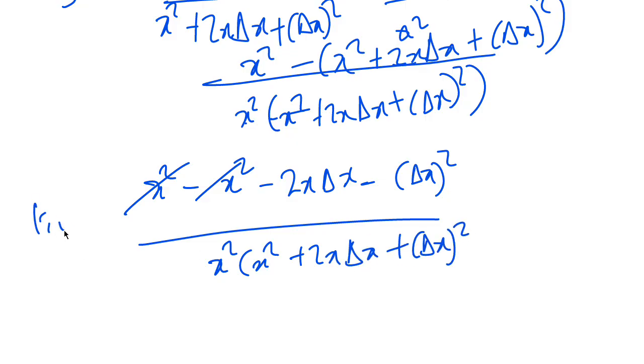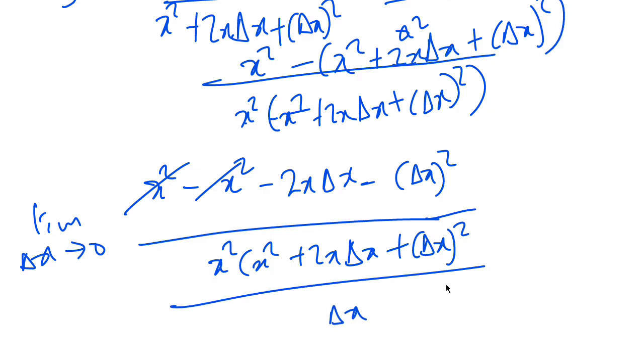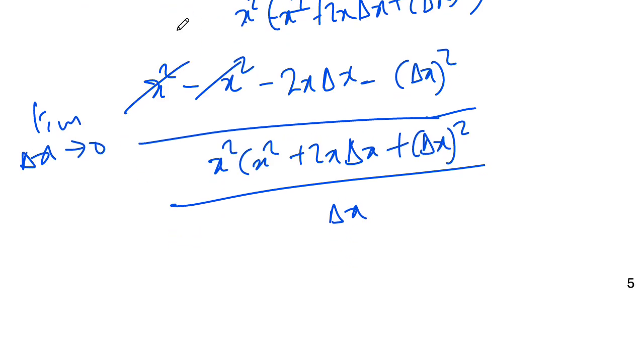Remember, we're looking at the limit as change in x tends to 0, right? And then from there we divide by change in x, right? So all we could then simply do is to multiply the expression by 1 over change in x, right?